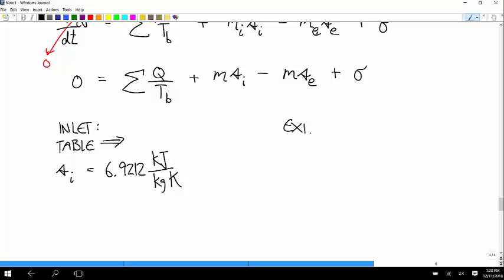And at the exit, saturated vapor, so we can use the saturation table. The table says the exit is 7.3549 kilojoules per kilogram Kelvin.